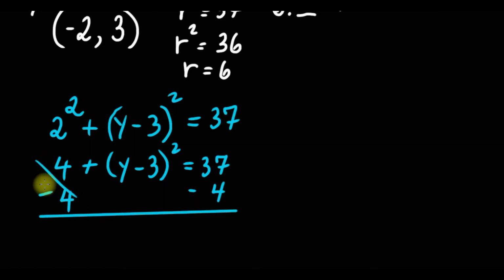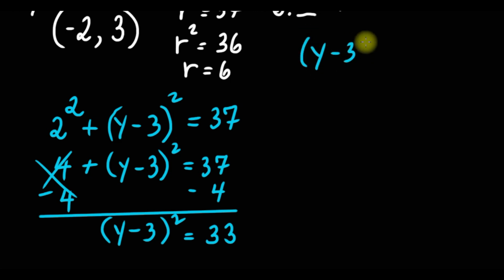Okay, so this is gone. So here we have (y − 3)² equals 37 take away 4, that's going to be 33. So up here we have (y − 3)² = 33.